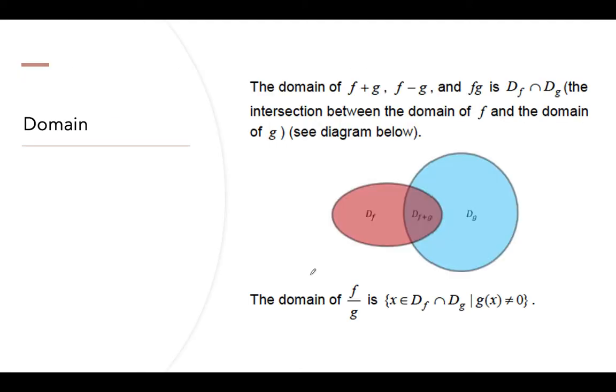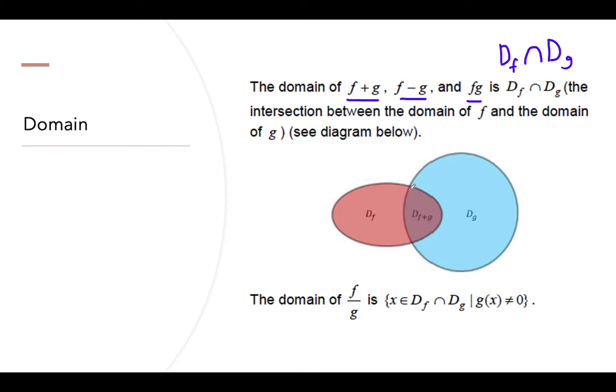Now, what about the domain when we're combining different functions? When you are adding, subtracting, or multiplying, the domain is the intersection of the domain of f and g. Intersection, we represent this way. That means the domain of function f intersects with the domain of function g.